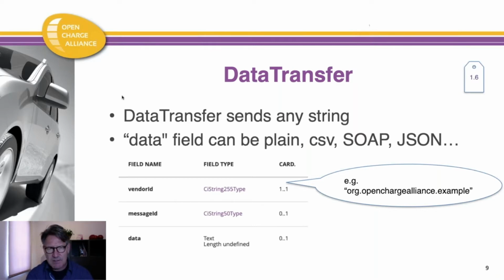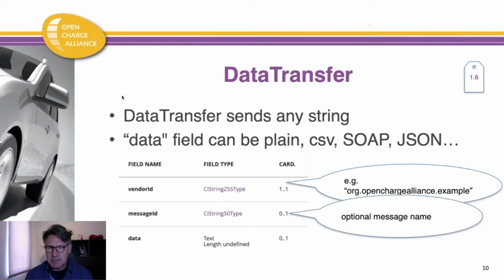So in case of the Open Charge Alliance, when we would bring out the customization, it would be called org.openchargealliance. For example, that is the name of this specific customization. And then if you have more than one message in the customization, you can also have an optional message name to define what the specific message is, so that the receiver knows what to expect in the data field.